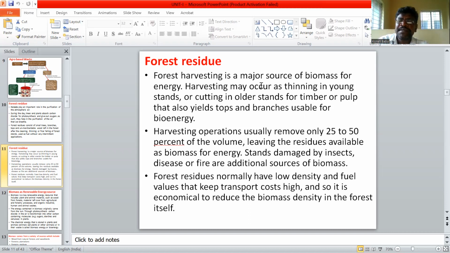Stands damaged by insects, disease or fire are an additional source of biomass. The forest residues normally have low density and low fuel value, so the transportation of this waste takes high cost, and it is economical to reduce the biomass density in the forest itself.